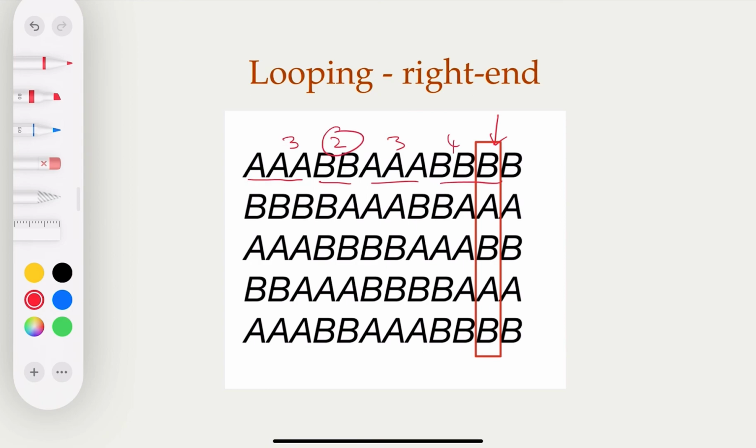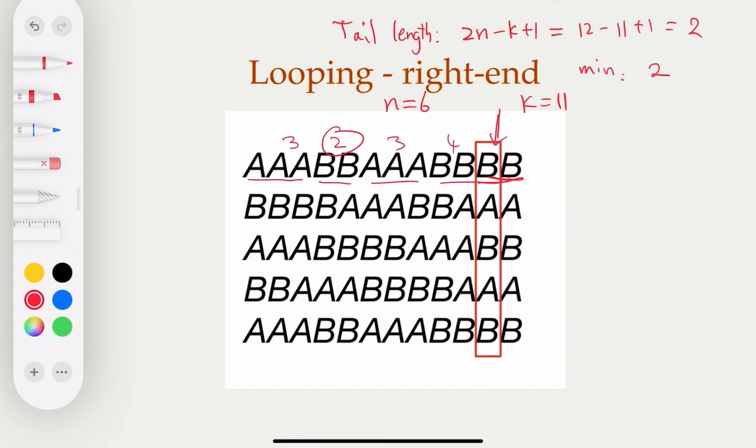Tail length is 2, because k equals 11, n equals 6, so 2n minus k plus 1 is 12 minus 11 plus 1, and the tail length is equal to 2. And the minimum of the chain length equals 2. They're equal to each other.